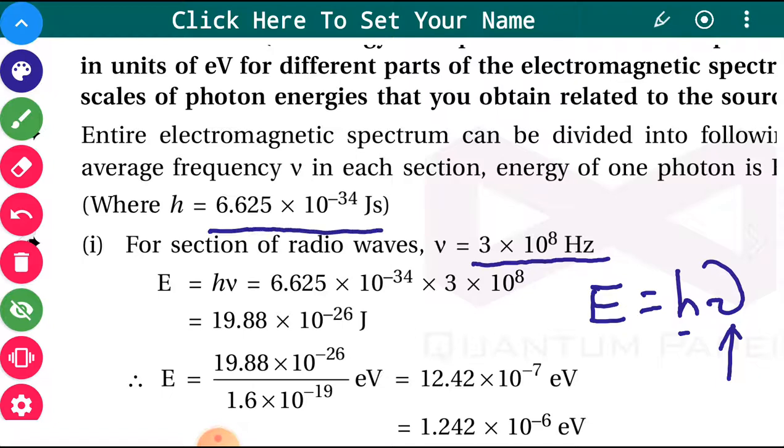And find the energy for the radio wave. It is 19.88 × 10 to the power minus 26 joule. This value comes in joule. If you want to convert that joule into electron volt, then we have to divide by 1.6 × 10 to the power minus 19. So we just divide it and get the answer for the energy in electron volt of a photon of radio wave.